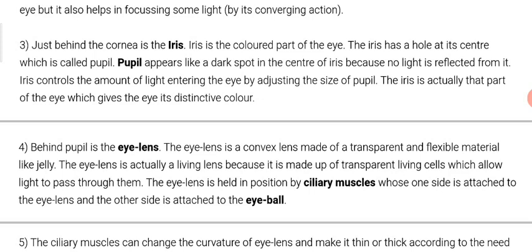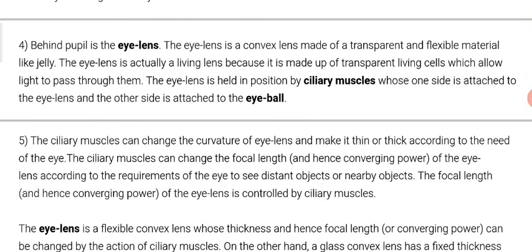At that time, the intensity of light is very high, so our pupil size reduces. But when we are in the house where light is very dim, we are unable to see initially, but slowly we start viewing the things. Why? Because the size of the pupil is being enlarged. The iris is actually that part of the eye which gives the eye its distinctive color. Okay, let us move on now to the next thing, that is the eye lens. Behind the pupil is the eye lens.